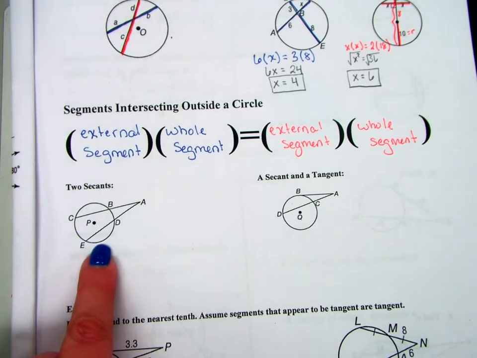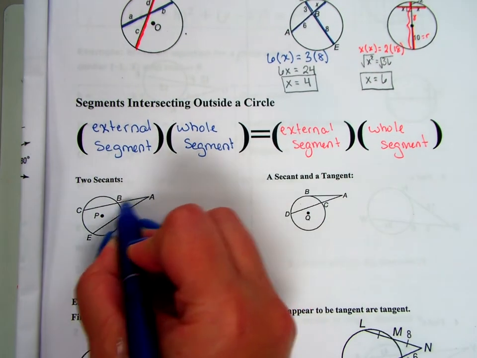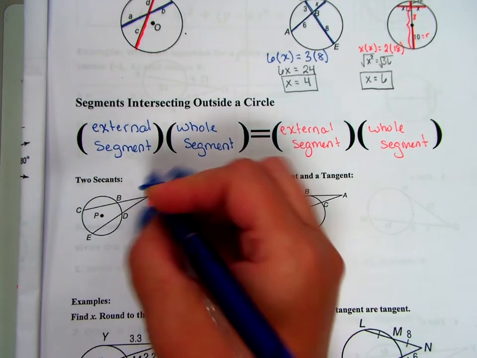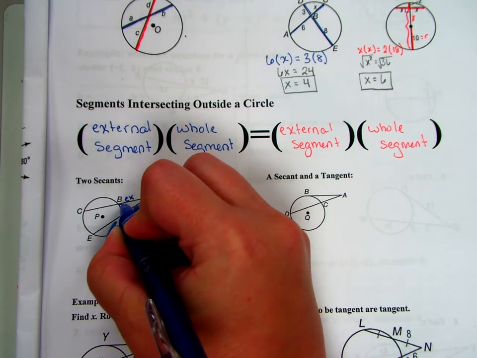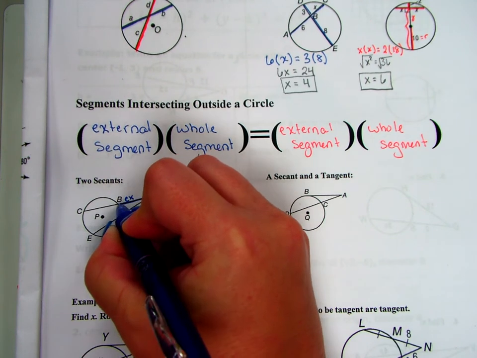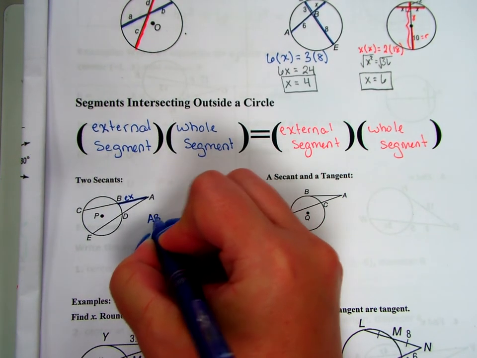Okay, if I'm looking here at two secants, when I look at this top secant, AC, my external is this piece here that's outside. So that's going to be AB.